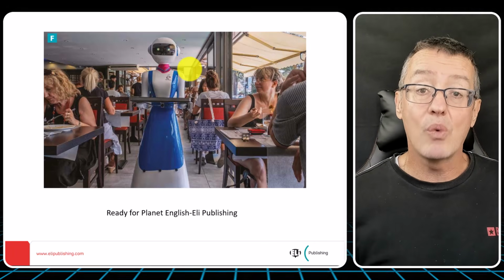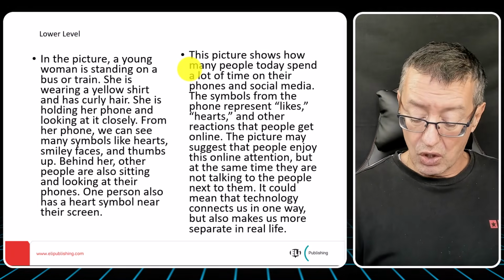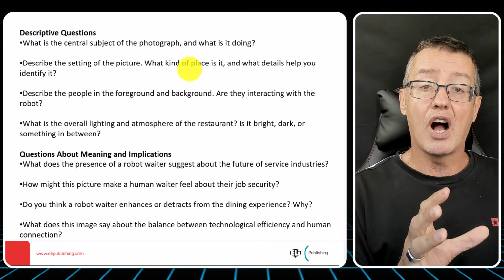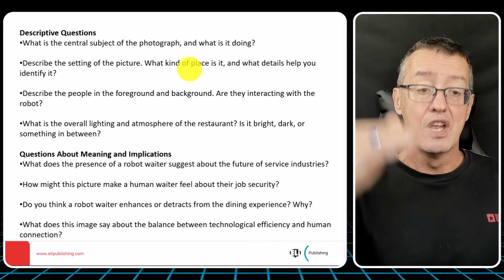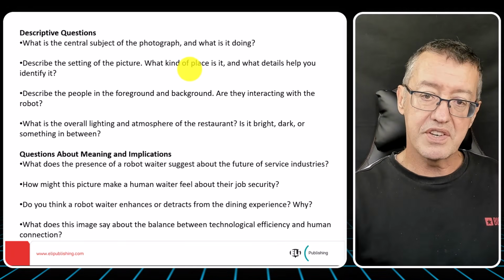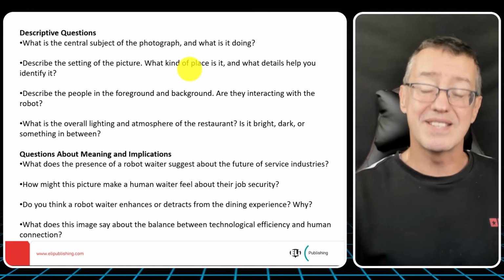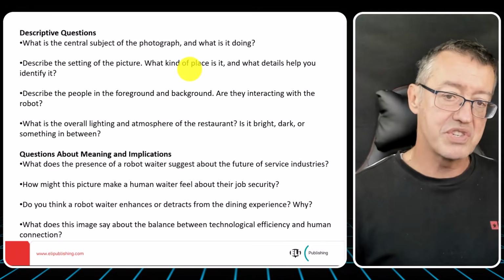This is a powerful activity and can be done at lots of different levels. Now, interestingly, in this activity, I asked Google Gemini to produce the questions, and it produced about 10 questions around the description and 10 questions around the meaning and implication. And then I deleted some of them because I didn't want to put all the questions on the screen.